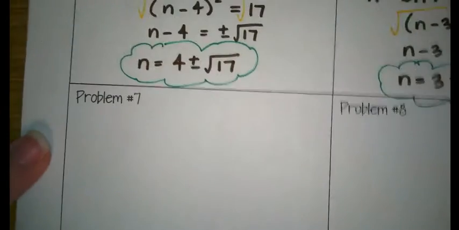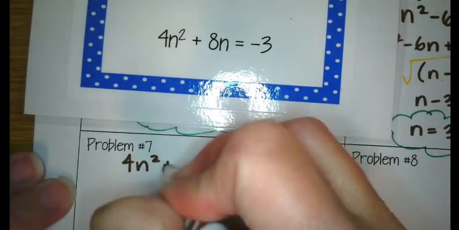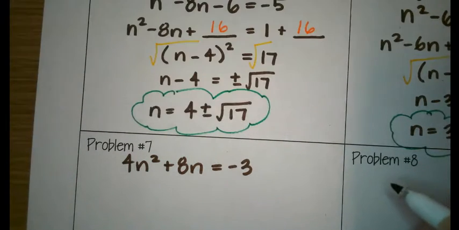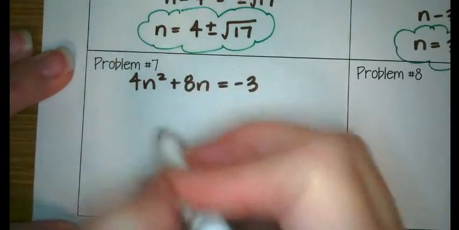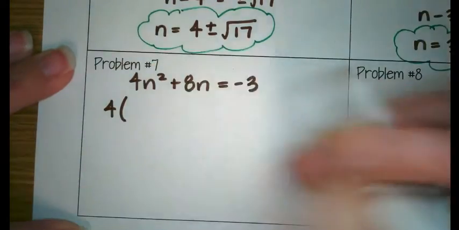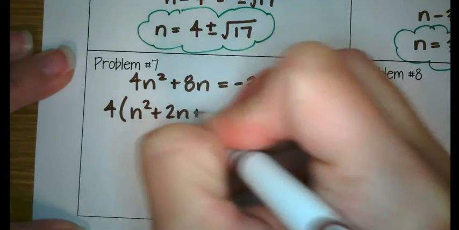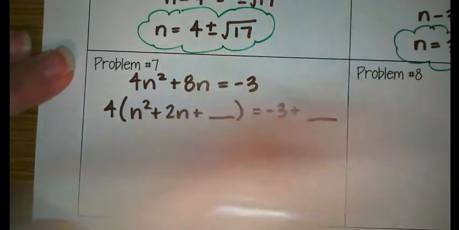All right, next up, number 7. Let's see. 4n squared plus 8n equals negative 3. So this one, I don't need to shift anything over. That's already been done. I do need to pull out this 4. So if I pull that 4 out, I'll have n squared plus 2n plus blank equals negative 3 plus blank.